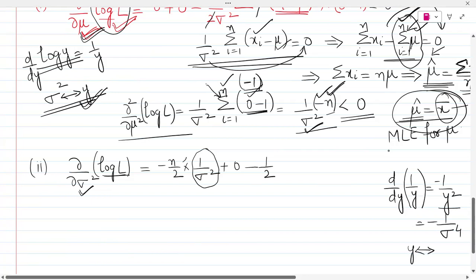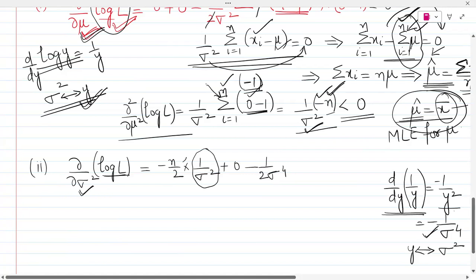Y is sigma square. So you can see the derivative of this term is minus 1 by sigma 4.